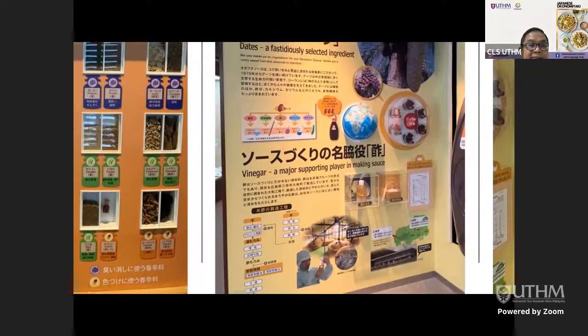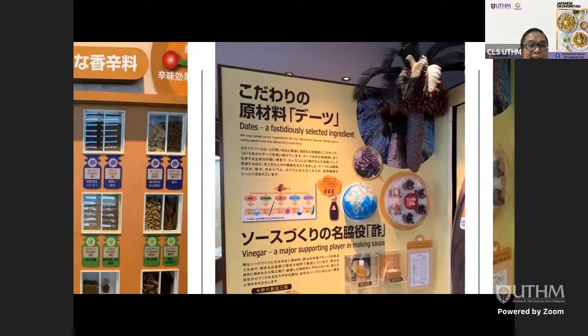Even this company has one department called the dates department, the department that studies dates. And for your information, the company imports almost 1/3 of the dates imported to Japan. 1/3 of the dates imported to Japan go to Otafuku sauce.